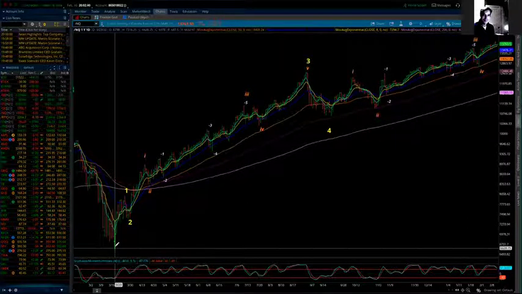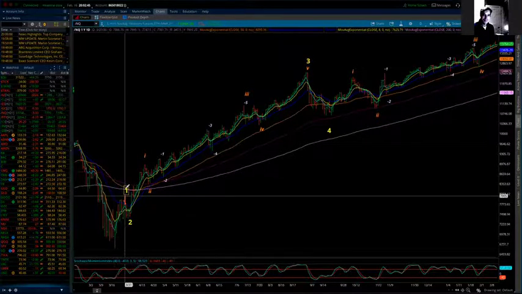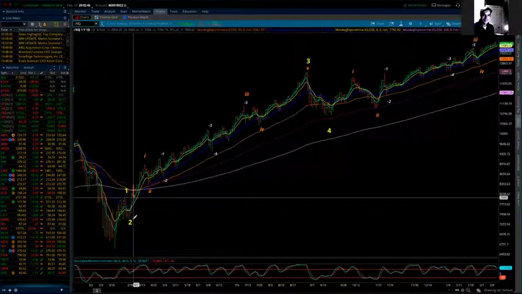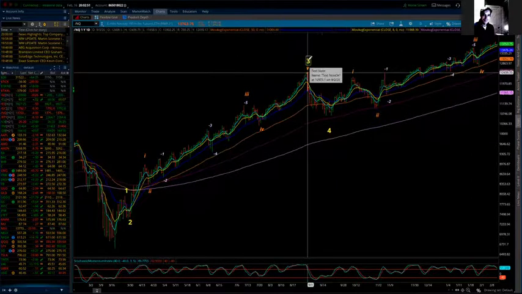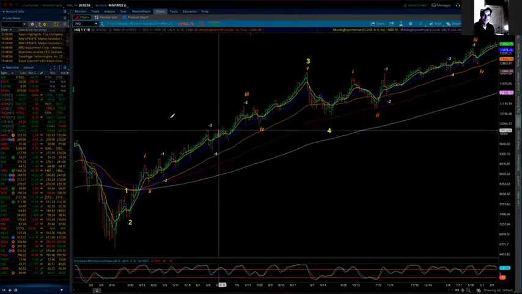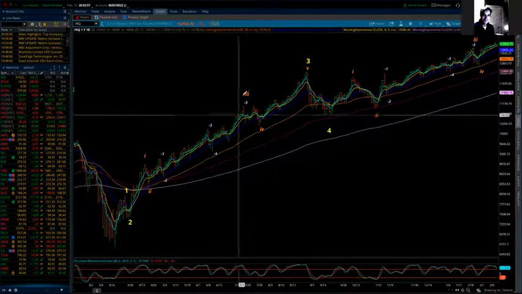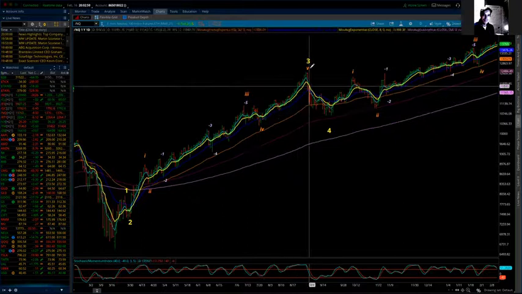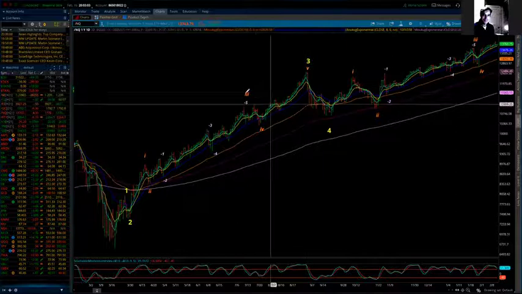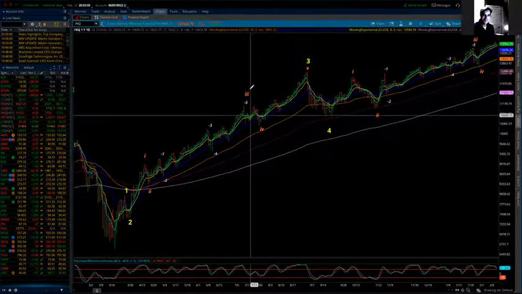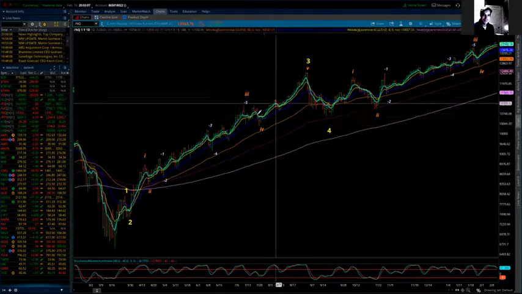And then from there, we can see that we began intermediate wave 1, intermediate wave 2, then intermediate wave 3 really began to subdivide. It first created its own 5-wave advance within its boundaries, and then each of those waves 3 and 5 subdivided again.